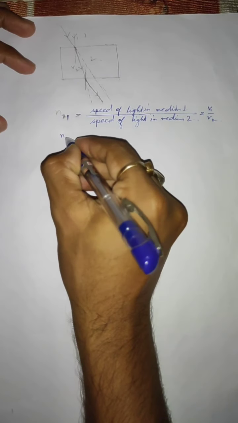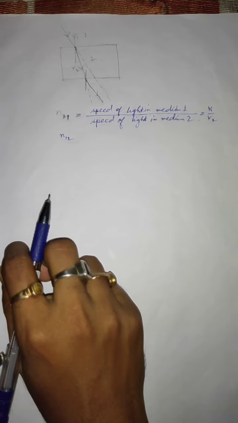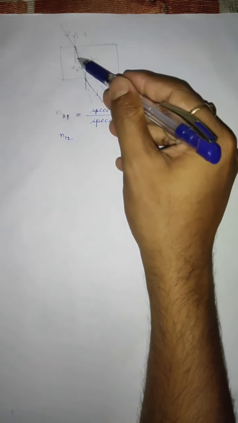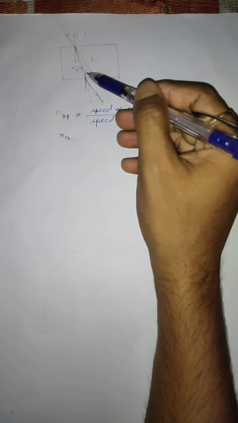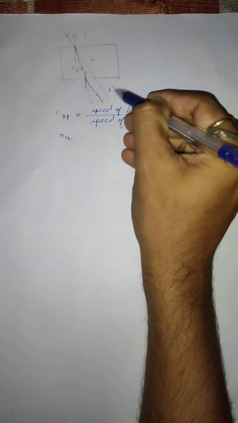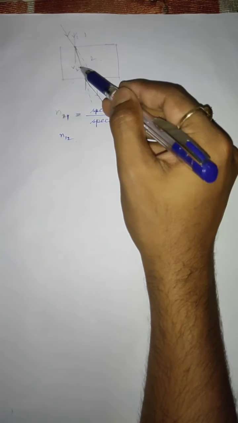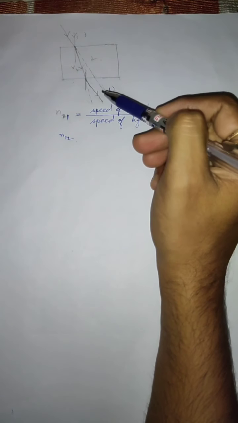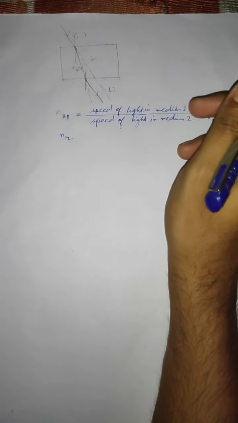And what will be the n12? That is the refractive index of medium 1 with respect to 2. In the second case, you see, light is traveling in the glass medium, which is medium 2, and it enters into the air medium, medium 1, again, so the speed will be changed.